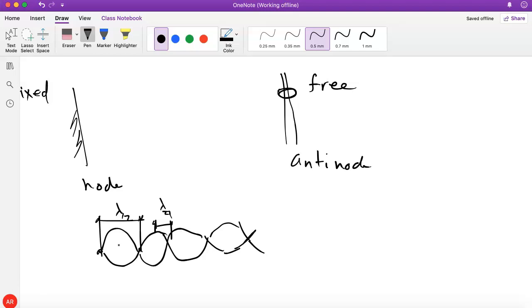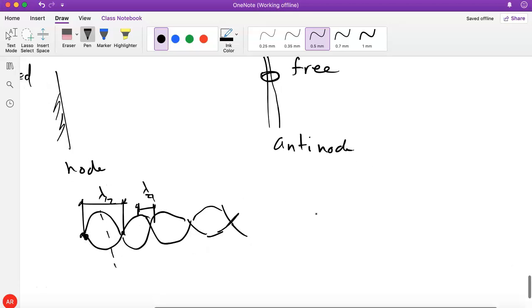So if I start from one node, the first antinode that I hit is over here, so that's at lambda over 4. And then for the next one, I have to add lambda over 2 to my lambda over 4.